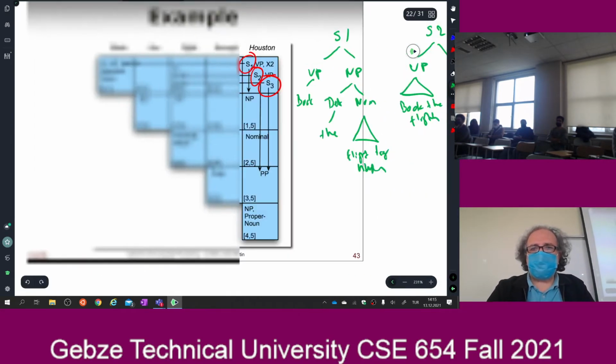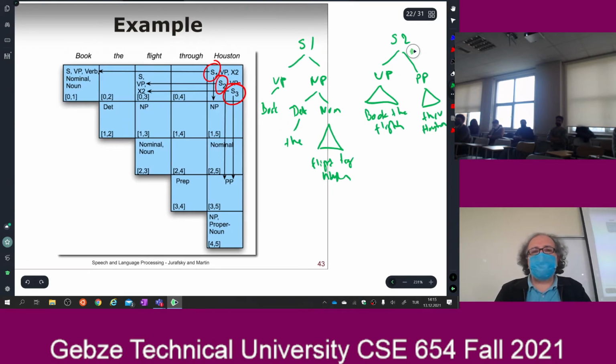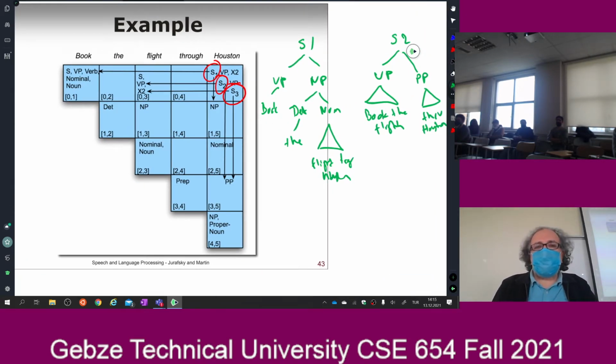I have three S's, the other one comes from the X2, but S2 and S3 are the same thing in terms of our original grammar. Remember, we binarized our grammar.